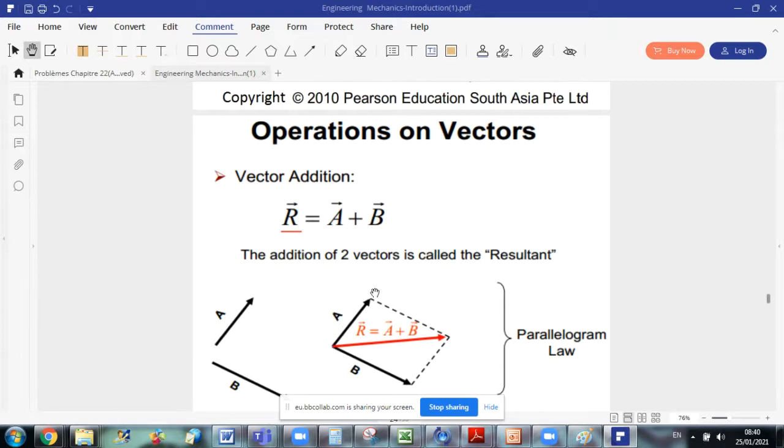I will draw a vector that is parallel to A, and a second vector that is parallel to B. Now, if I complete my parallelogram, the diagonal which starts from the point common between A and B gives me the resultant, which is A plus B. This is called the parallelogram law, which gives me the resultant by the geometrical method. We will learn together how to calculate the magnitude and direction of the resultant using the parallelogram law.